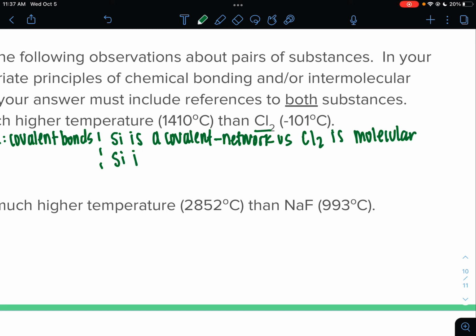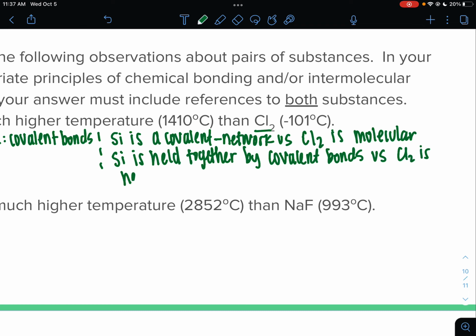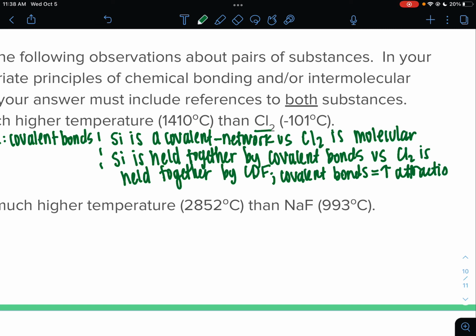Si is held together by covalent bonds versus Cl2 is held together by LDF, London dispersion forces. Covalent bonds mean a higher attraction, again, because they're actual bonds, not just an attractive force, giving Si a higher melting point.